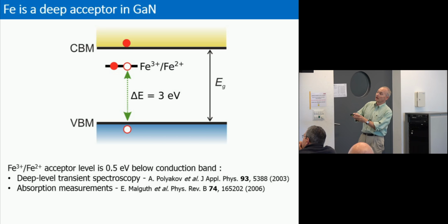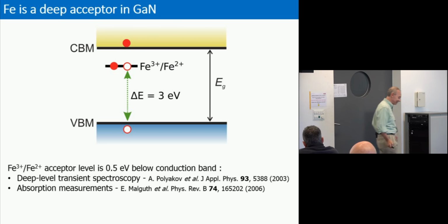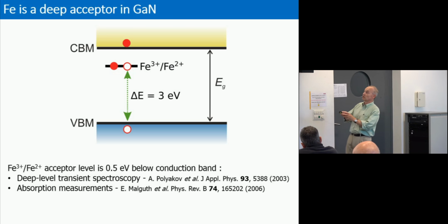By the way, I'm using a different notation here, which doesn't really reflect the charge state. It's the oxidation state, because in the context of transition metal impurities, that's the notation that people typically use. So this is a transition between so-called iron 3+ and iron 2+.